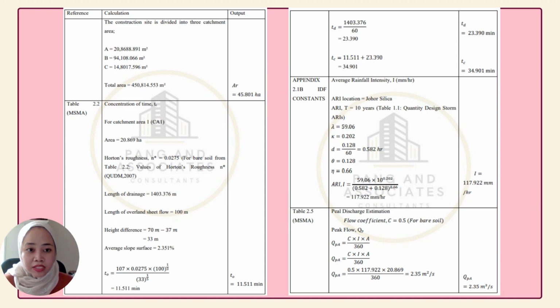For the time of concentration, we got 34.901 minutes. For the average rainfall intensity, we got 117.922 millimeters per hour. And lastly, for the peak flow, Q equals CIA, we get 2.35 meter cube per second.